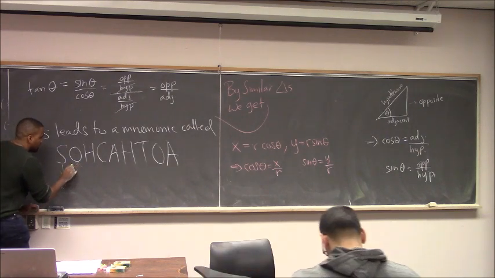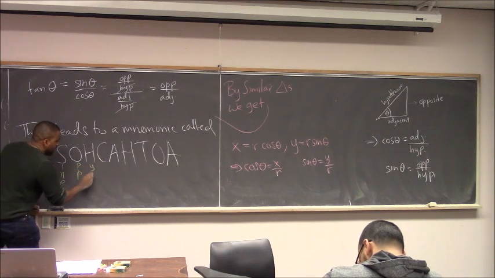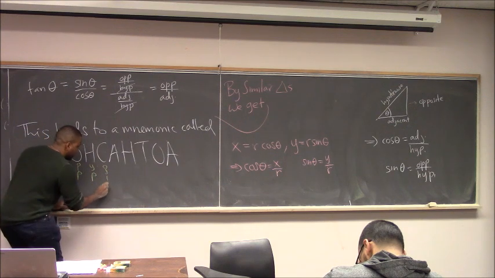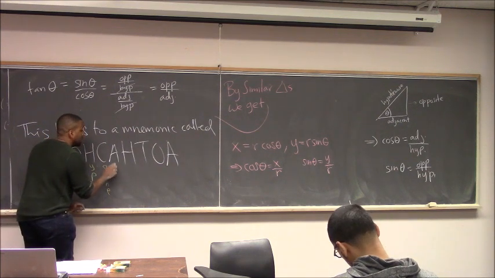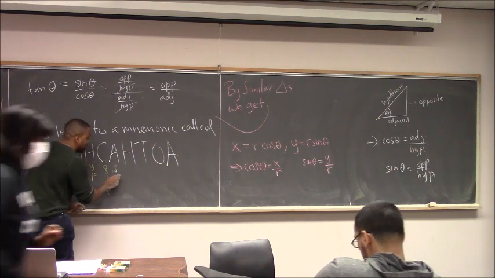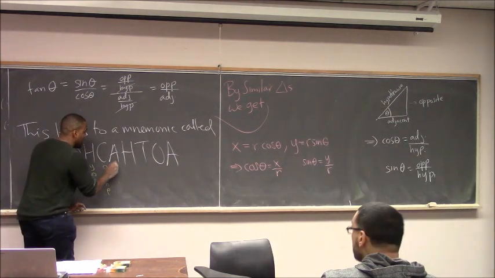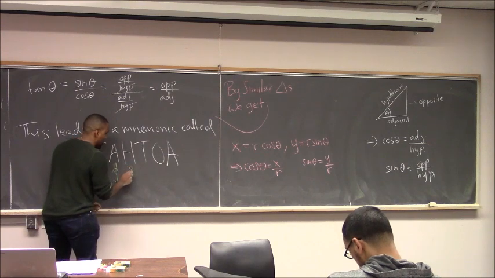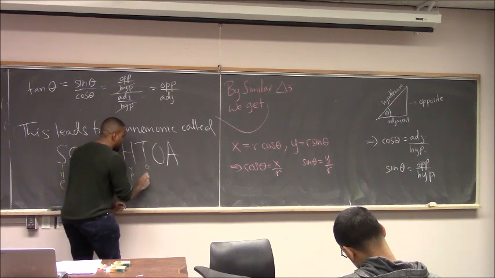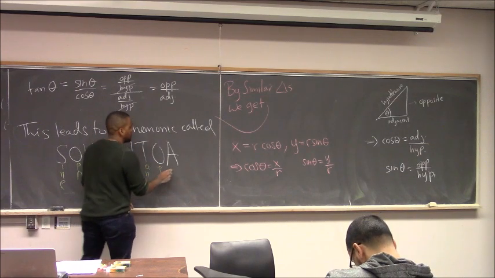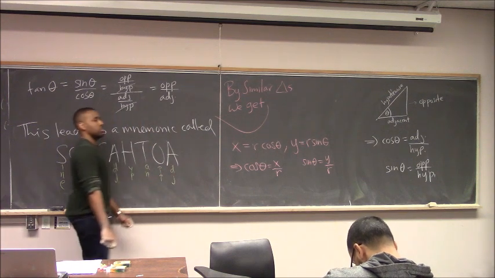Writing vertically is surprisingly hard. Sine is opposite over hypotenuse, cosine is adjacent over the hypotenuse, and tangent is the opposite over the adjacent.